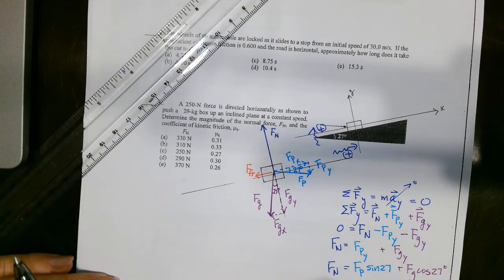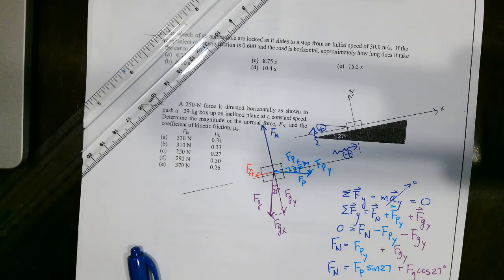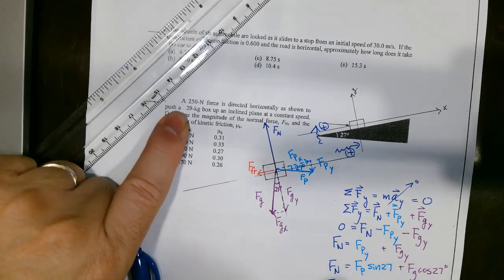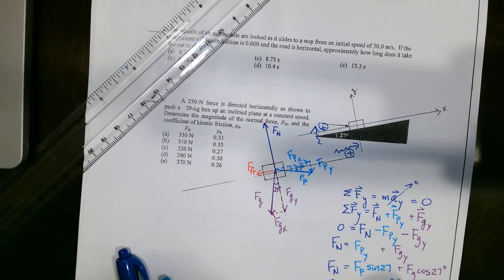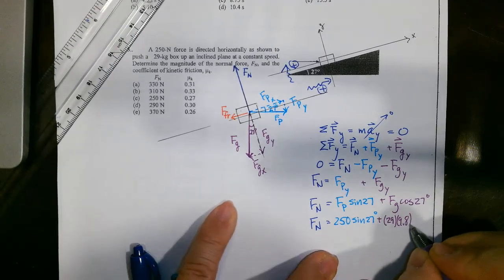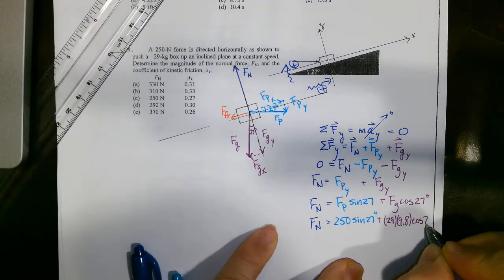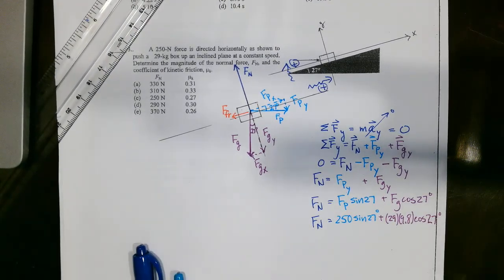F normal is equal to FPY, which is 250 times sine of 27, plus FG, which is 29 times 9.8. So many people forgot this 9.8, times cosine of 27 degrees.